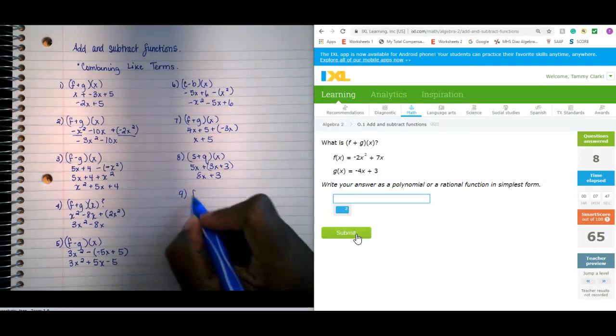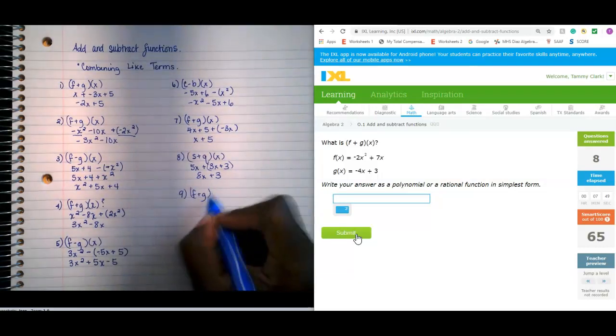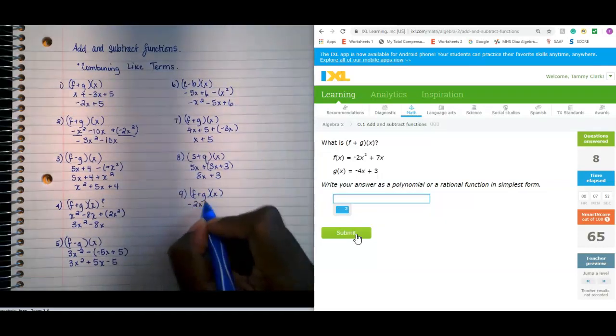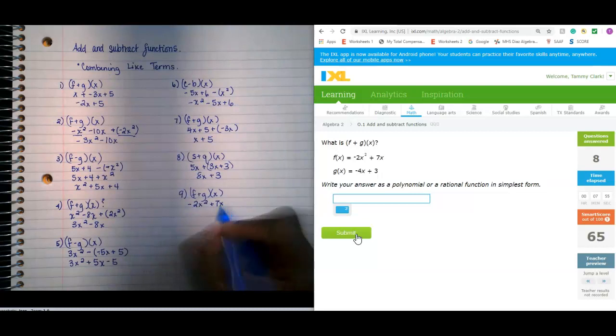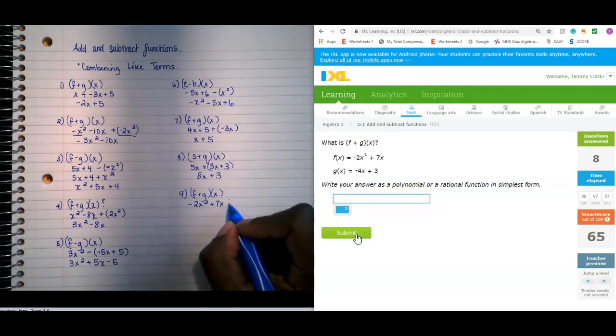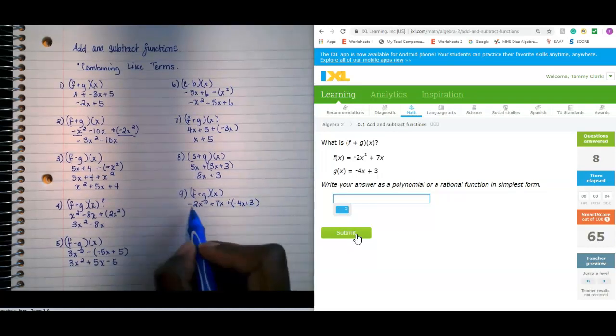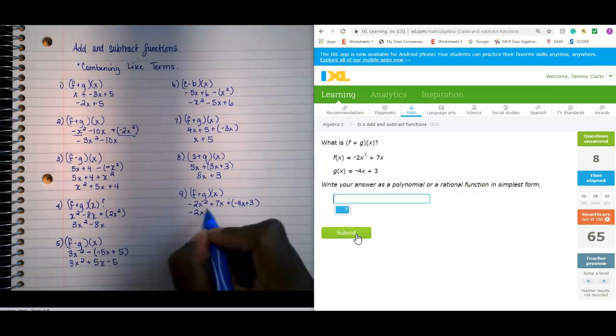Number 9, we've got f plus g of x. What is this, they're asking? So for f we've got negative 2x squared plus 7x, and we're going to add to that negative 4x plus 3. We don't have a like term with the negative 2x squared, so we're going to keep that.